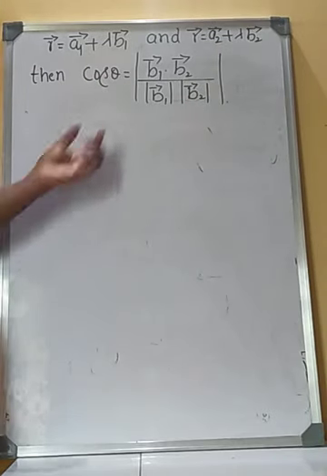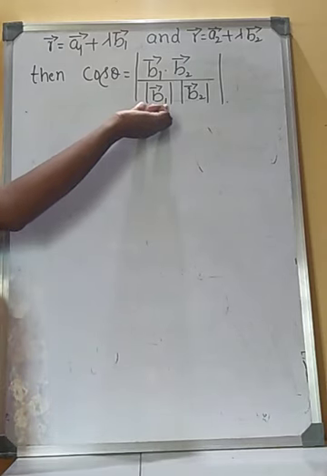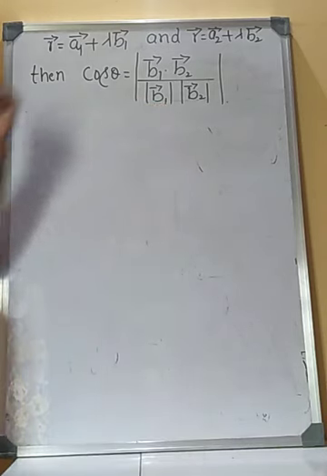This is the vector form of the equation of a line.